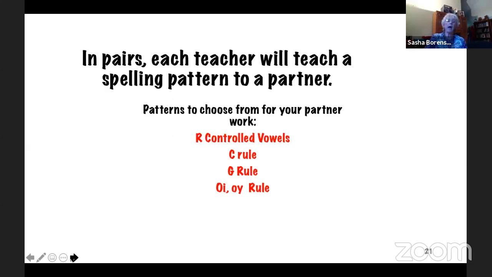Now, I'm going to have you break out in groups, and this is what I want you to do. I had asked that everybody bring their copy in some form or another of my book, because I want you, as you work in partners, to teach each other one of these rules. You get to pick the rule that you want to teach: R controlled vowels, the C rule, the G rule, which we haven't done, but it's in the book, and OI, OY.